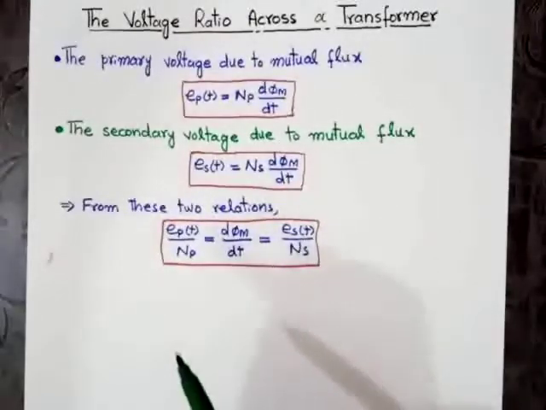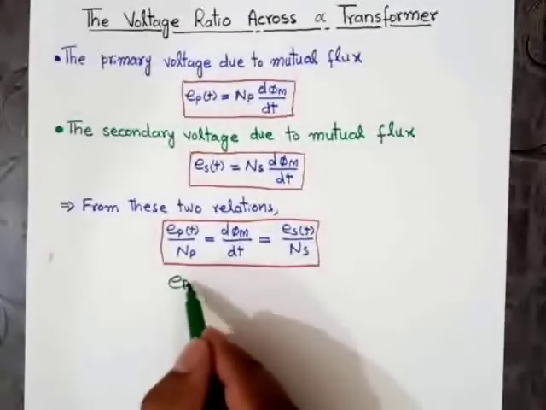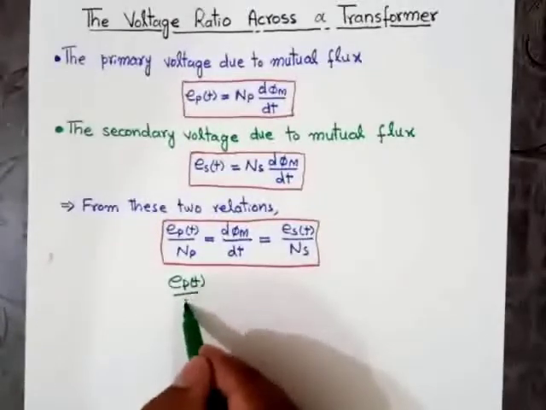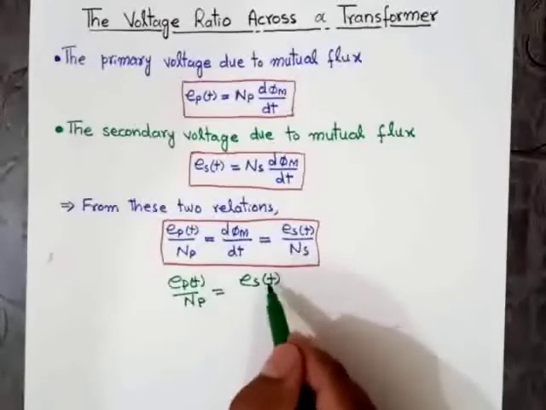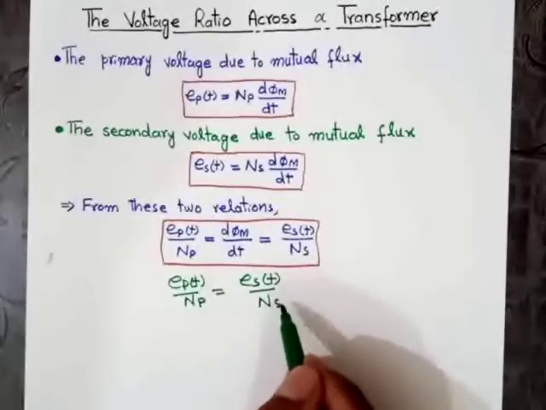Therefore, Ept over Np will be equal to Est over Ns.